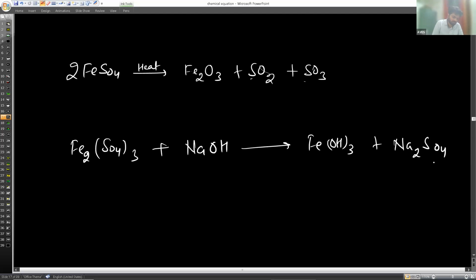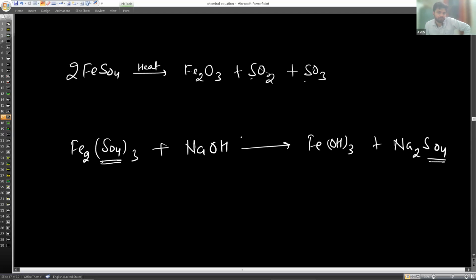Okay, this is the reaction. If you see here, we're talking about Fe2(SO4)3. You will see that the sulfate ion is not disintegrating.